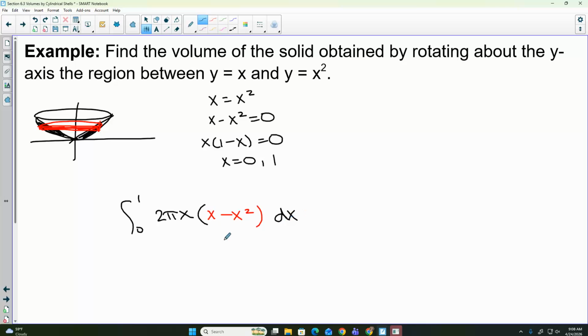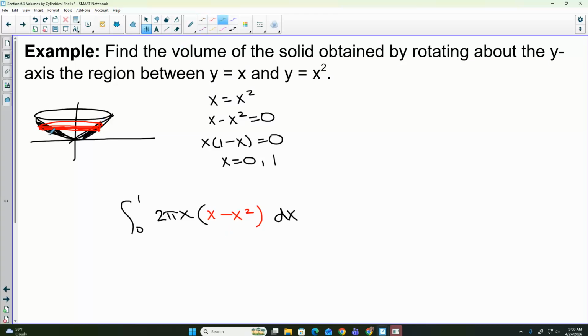Again, if you mess up that part, how will you know? You'll get a negative at the end, so you can just say, I know that should be a positive, I'm doing the absolute value of it, and that would be my true volume. So for the thickness, we're not finding the distance between the outer and inner shells, so this is different than how we were doing it before.